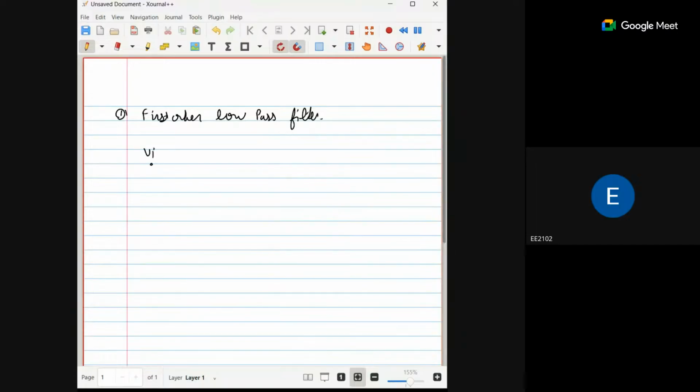Here is V input, that is resistance, there is an op-amp.